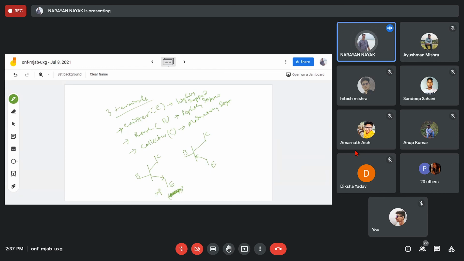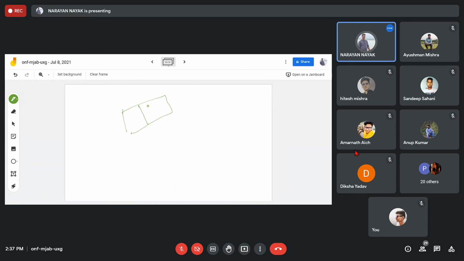This is your NPN, and this is your PNP transistor. In the NPN, the emitter is N, the base is P, the collector is N. In the PNP transistor, the emitter is P, the base is N, the collector is P. If you draw the P-type material and N-type material, this is P, this is N, and this is P. Understood? Now this is your base.